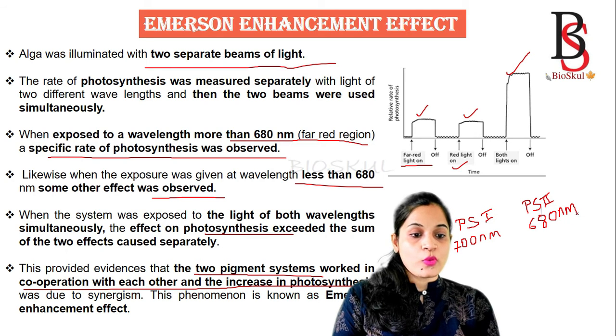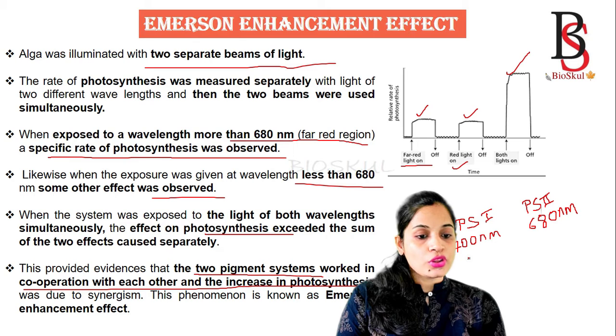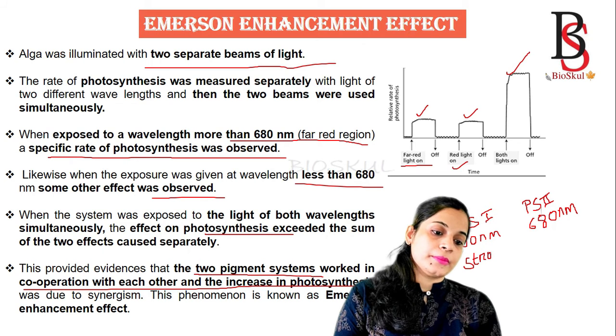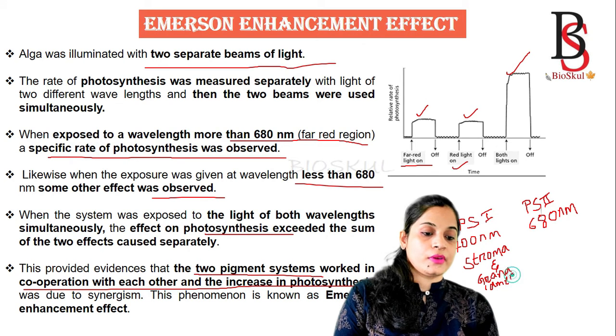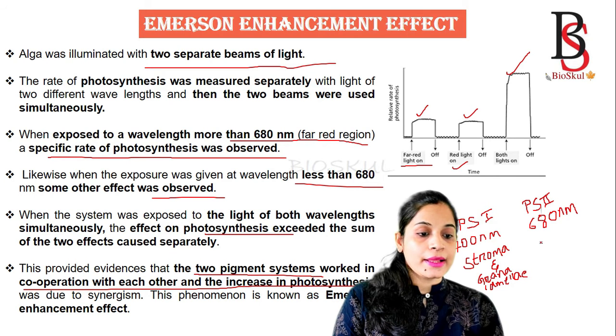Photosystem 1 is found in both the stroma as well as in the grana lamella, whereas photosystem 2 is observed only in the grana lamella.